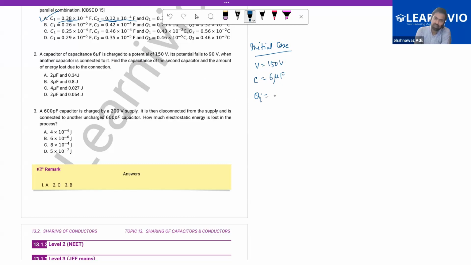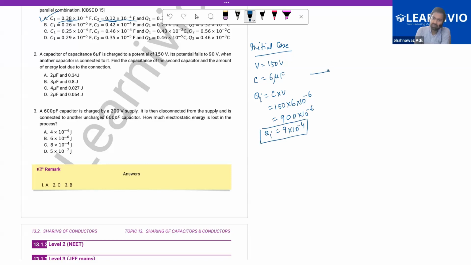That is C into V. So that is 150 into 6 into 10 to the power minus 6. This is 900 into 10 to the power minus 6, which is 9 into 10 to the power minus 4. So this is the initial charge.